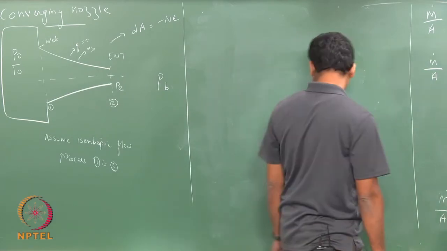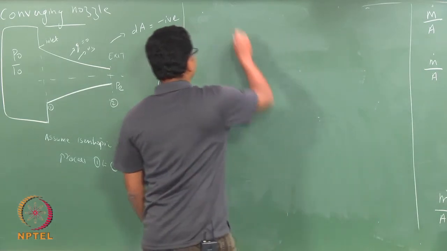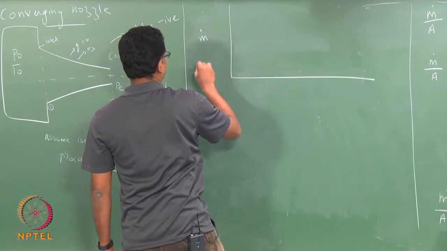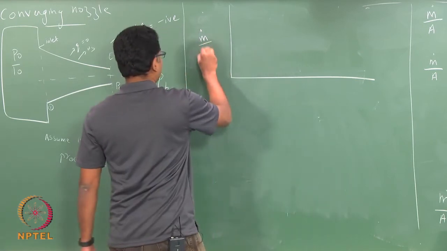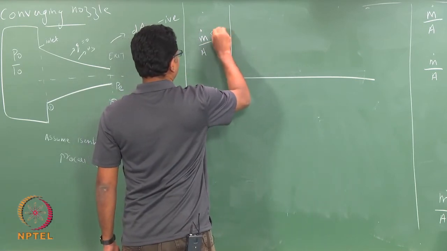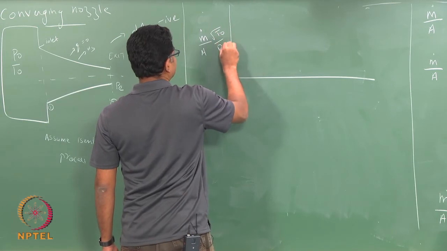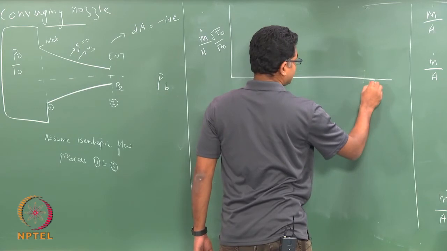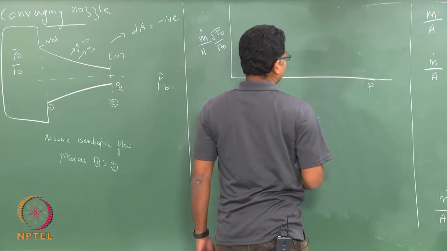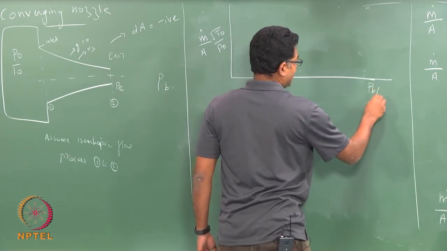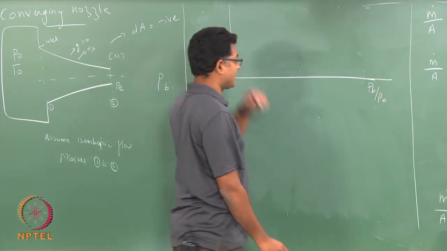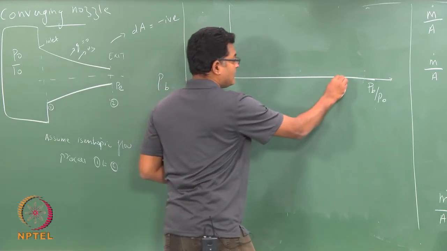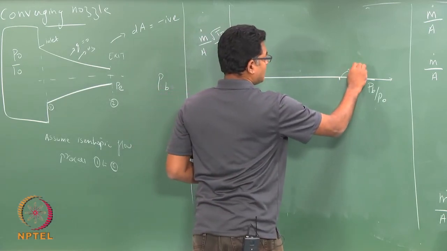So if I plot M dot, or M dot by A into root T0 by P0, against PB by P0: when PB by P0 is 1, there is no flow.